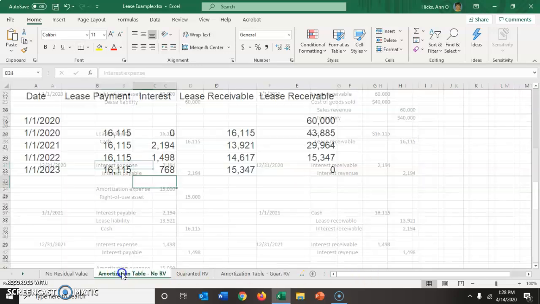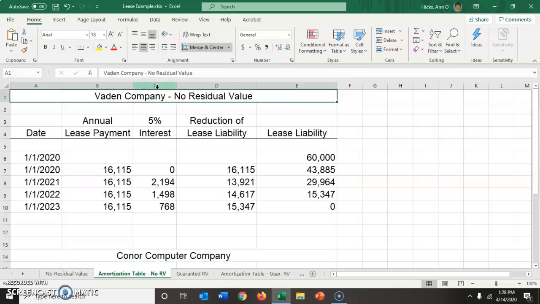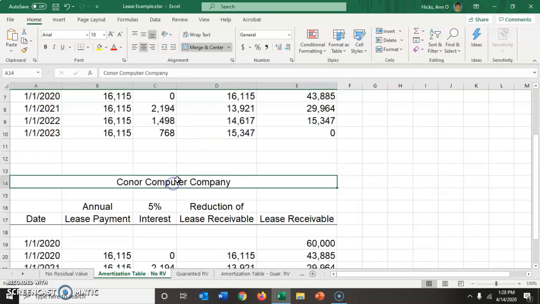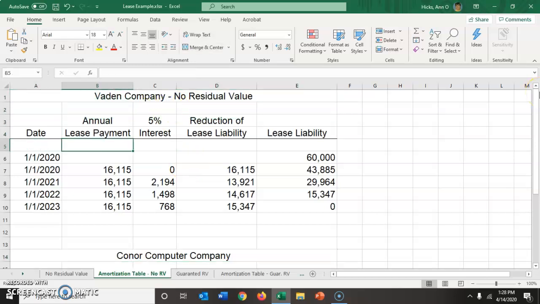Now, if you move to the second schedule in this file, I have prepared amortization schedules for both Vaden Company and Connor Company. For Vaden Company, we start on January 1, 2020 with the $60,000 lease liability. We make a payment immediately, which will reduce the lease liability.